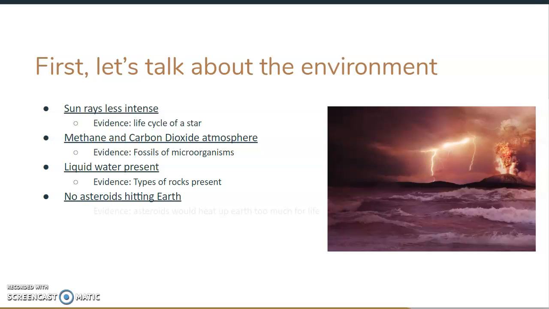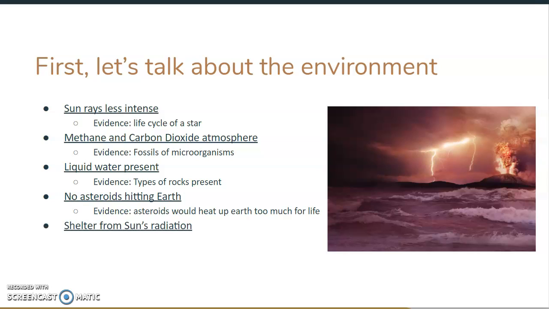But at this time, we know that there was no more asteroids, and our evidence for this is we can calculate the effects of an asteroid and how an asteroid would heat up the Earth too much for life to be on it. Many people believe that an asteroid is what killed the dinosaurs. So we know that those asteroids had to stop hitting us for us to start having life.